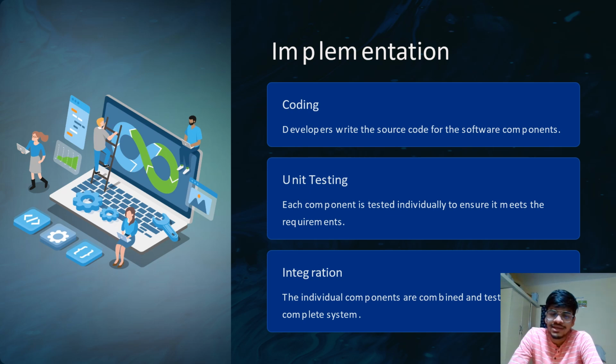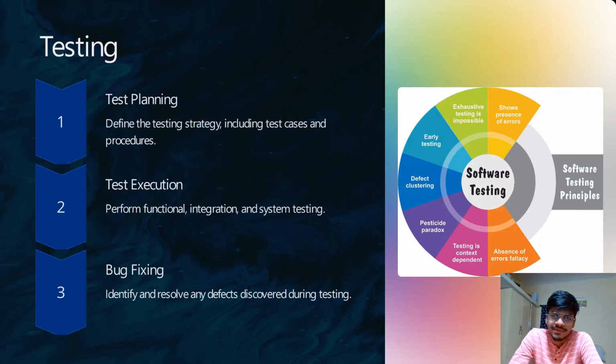Then the integration: like I have said, the individual things are detailed in the coding part, and now it's the turn for integration. All the individual components are combined and tested together as a complete system in this part.